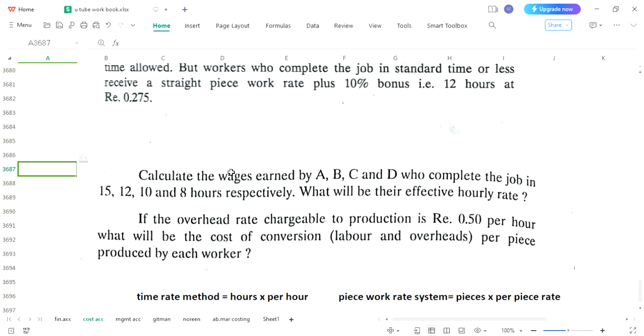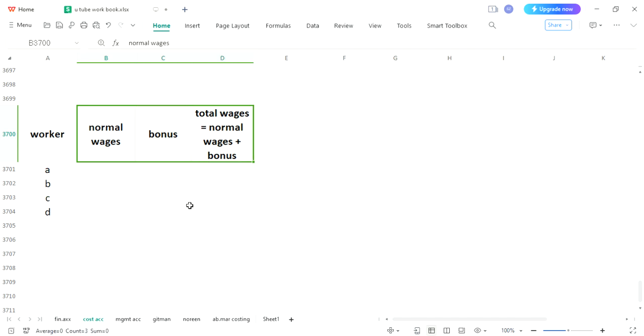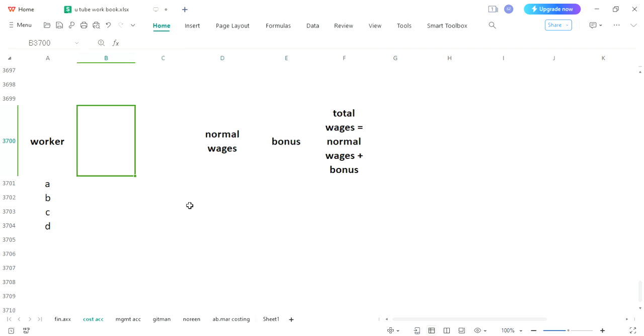Complete in job units, okay, these are not units, these are hours in which they have completed their job. So for that we will place hours worked.